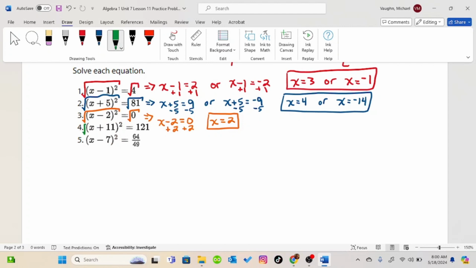Number 4, we're going to take the square root of both sides. So now we have x plus 11. The square root of 121 is either positive 11 or negative 11. We subtract 11 from both sides.